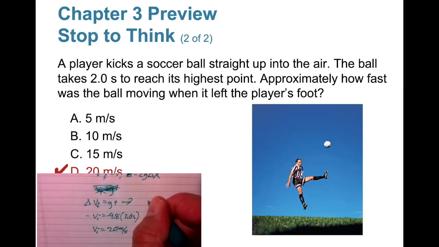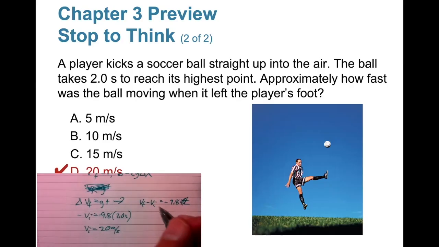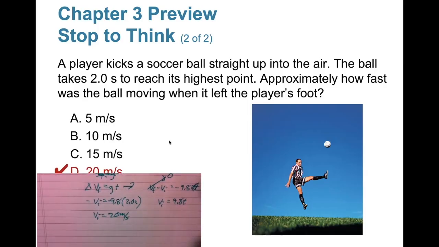We have vf minus vi equals minus 9.8 times t, and v final is 0. That just goes to 0. So now we have v initial. The minus signs cancel, and so we get vi equals 9.8 times t. We know what t is. That's 2. So we got the answer.